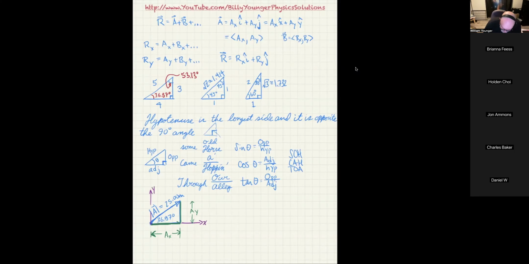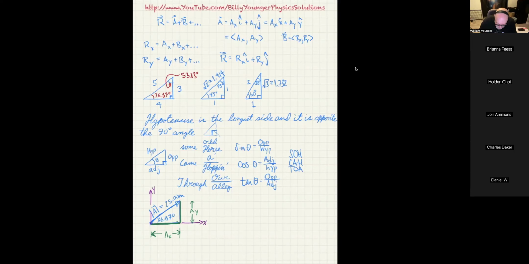So if I tried to walk from the tail of the A vector to the head of the A vector along the components, I would have to walk from here going this way and then from here going that way. So that tells me this vector points that way and this vector points that way.